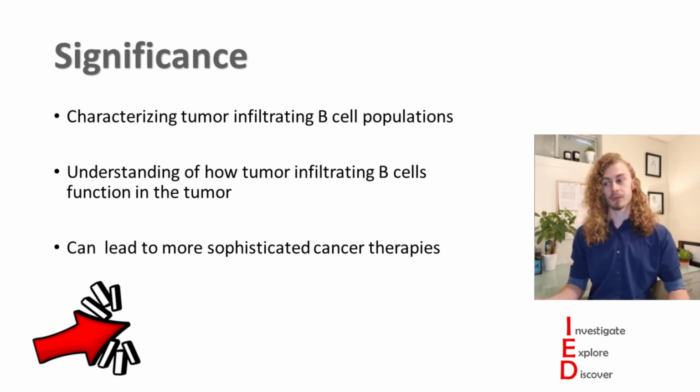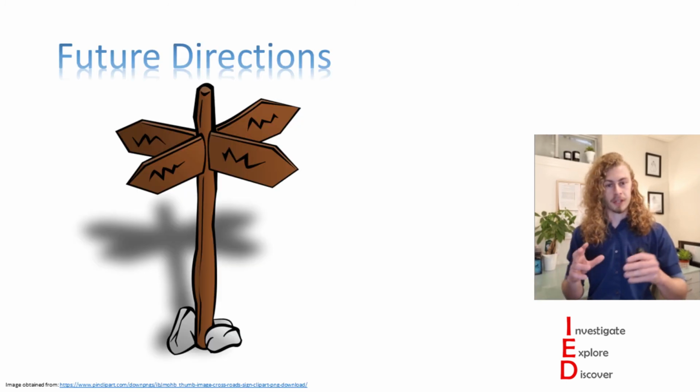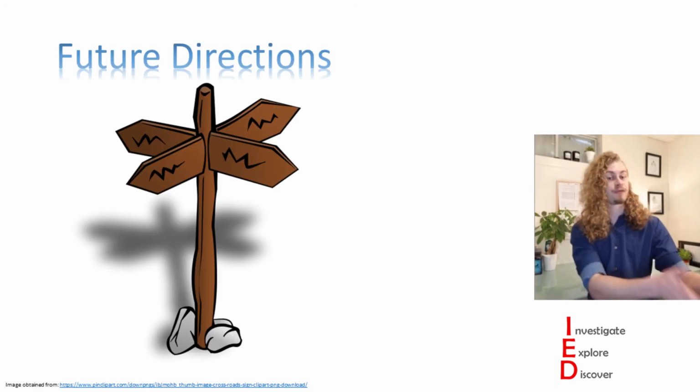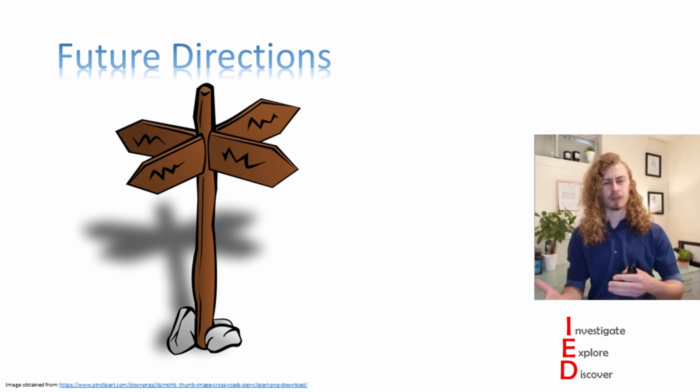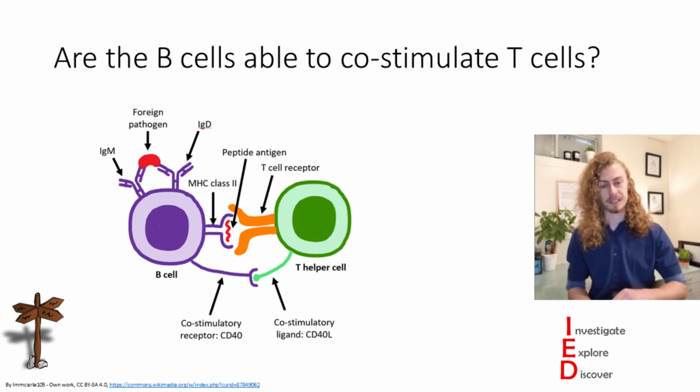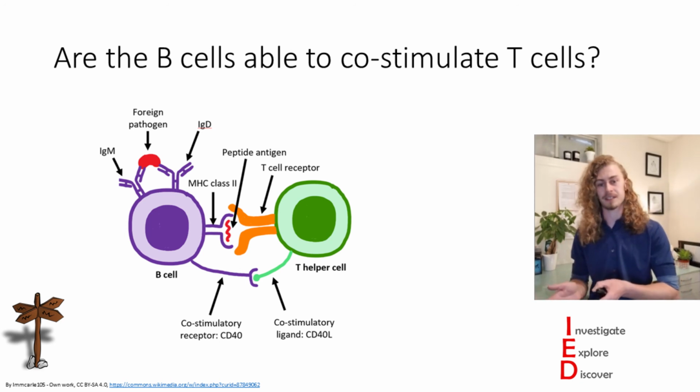This paper was really interesting, but there are always ways to take this science further. And so I had a few ideas of future directions of my own. First off, with the decrease in antigen presenting receptors, even though these B cells are able to stimulate themselves, are they able to co-stimulate T cells?